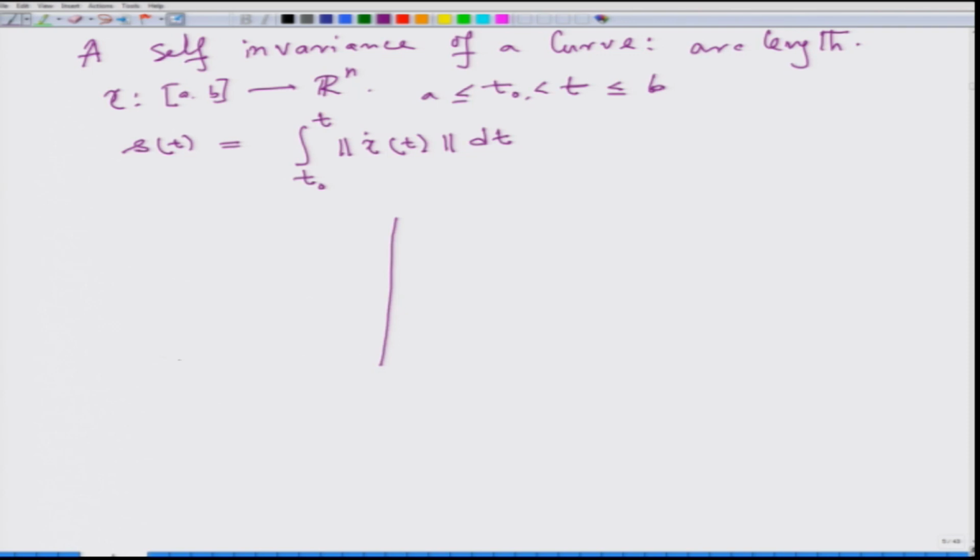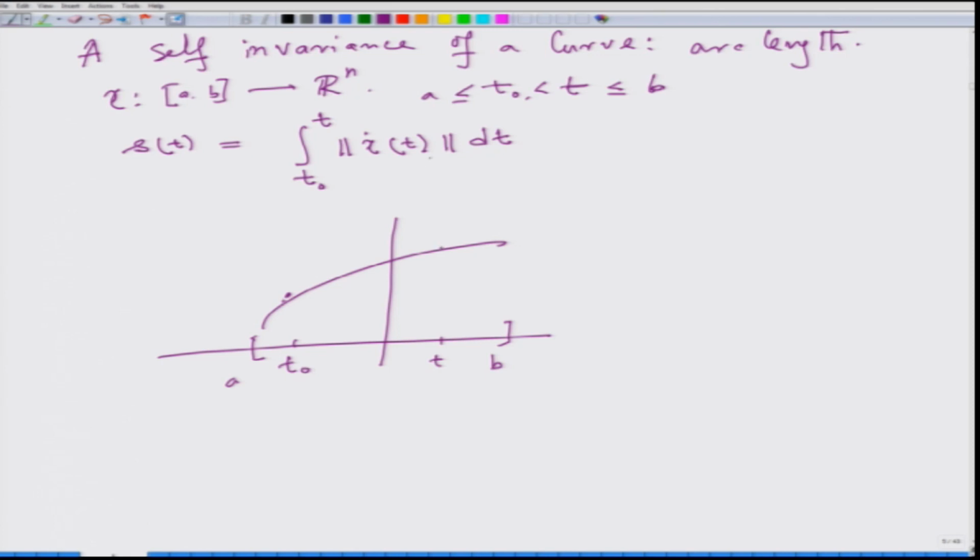Well, here is my curve, here is t naught and t is t. So, curve is like this. This is the point gamma(t naught). What is the speed at this point? It is gamma dot (t naught), and at this point it is gamma dot (t).